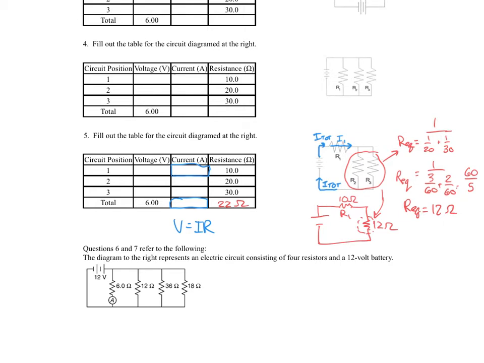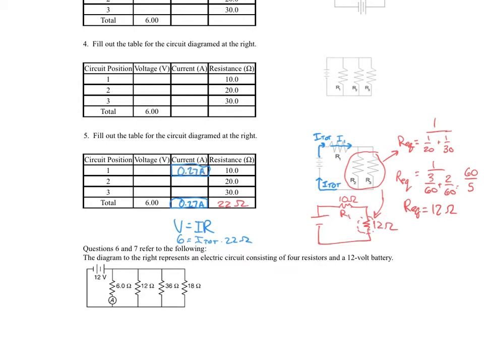So I have 6 volts equals I total times 22 ohms. Again, anytime you have 2 of the 3 things in Ohm's law, you can solve for the missing. So I take 6 divided by 22, and I get a total current of 0.27 repeating, I'm just going to round it and say 0.27 amps.